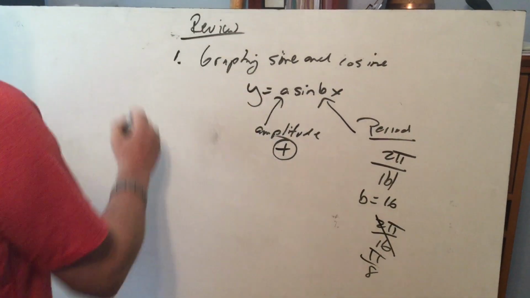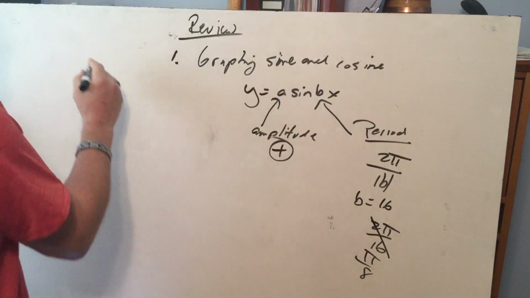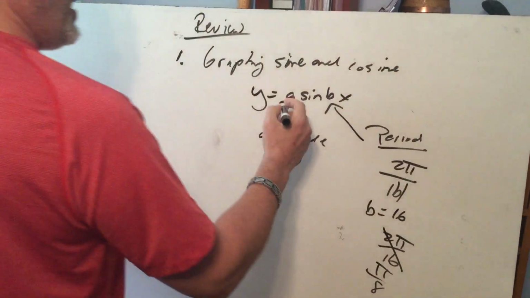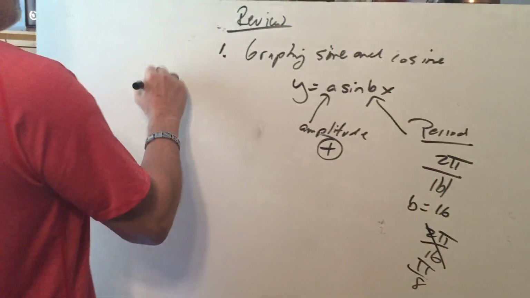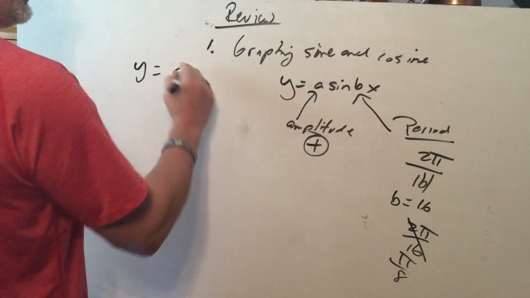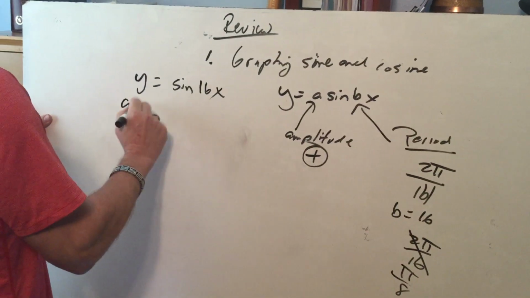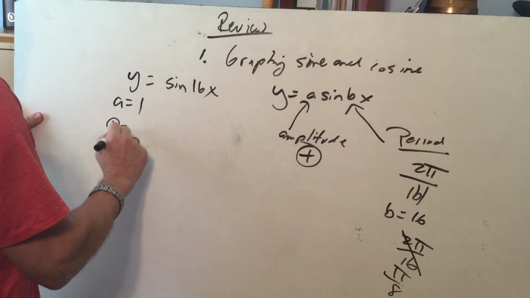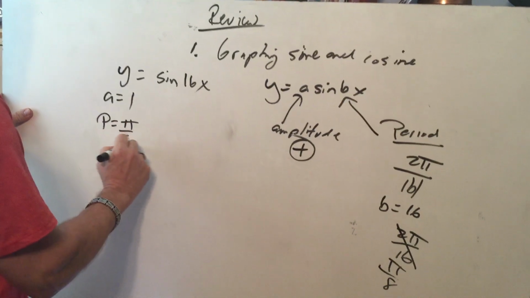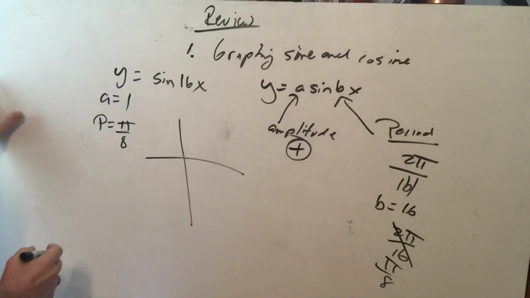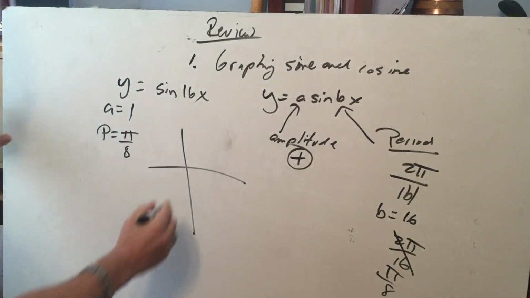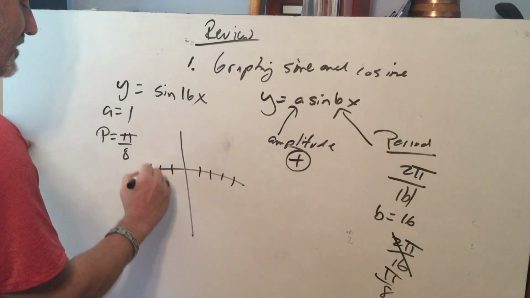Then when you graph these things, let's say y equals sine of 16x. Well, you know your A is 1. You already told me your period is pi over 8. So this is your review for graphing. Ready? 1, 2, 3, 4 spots on each side.